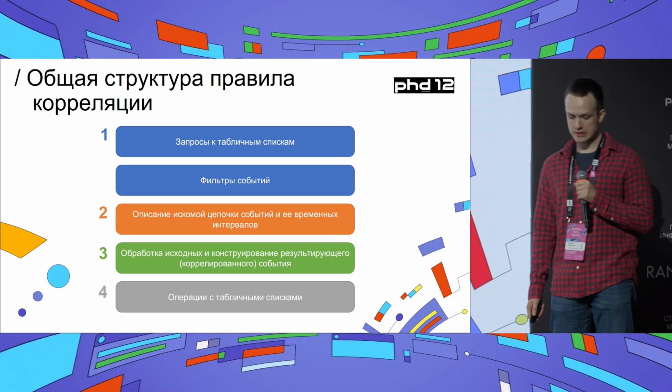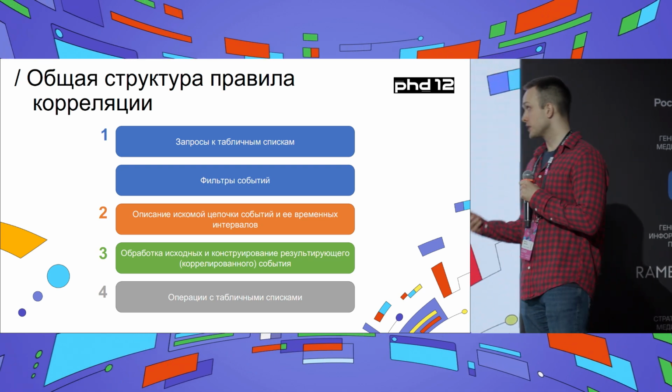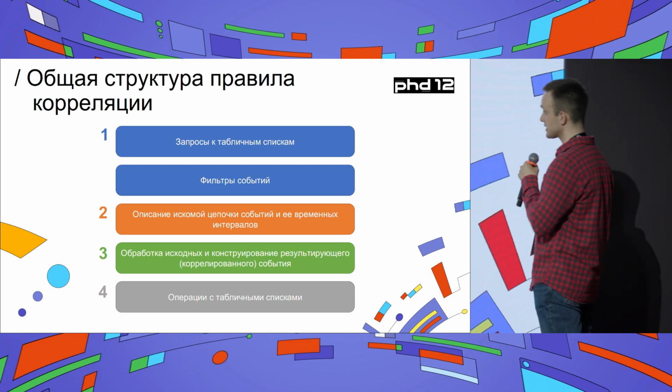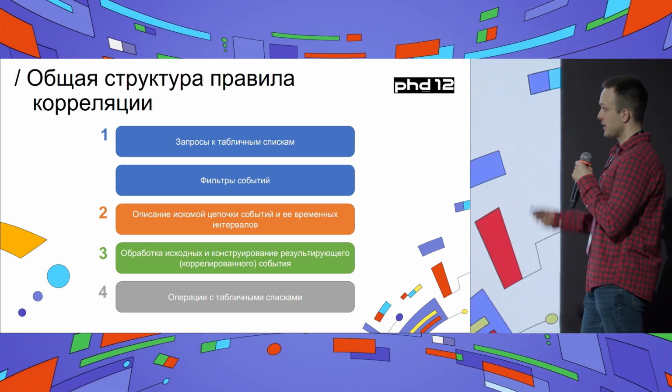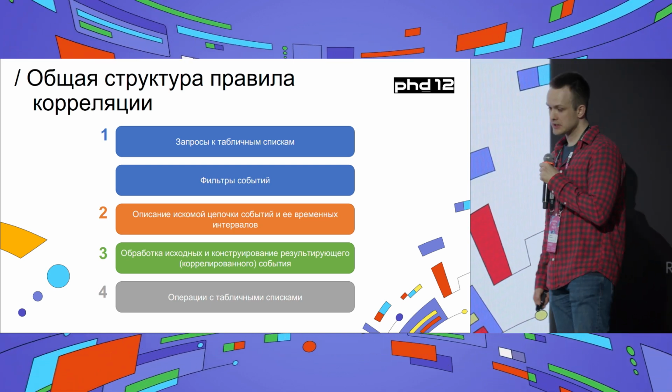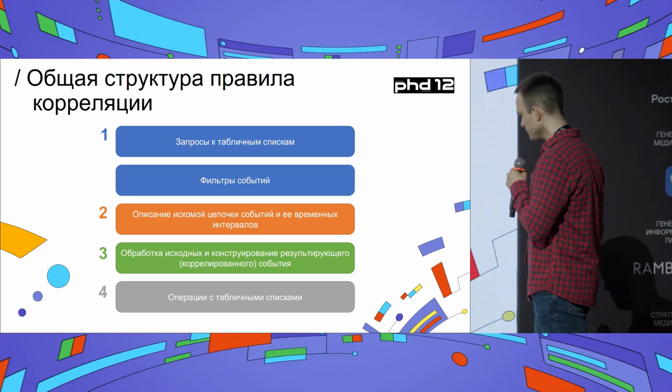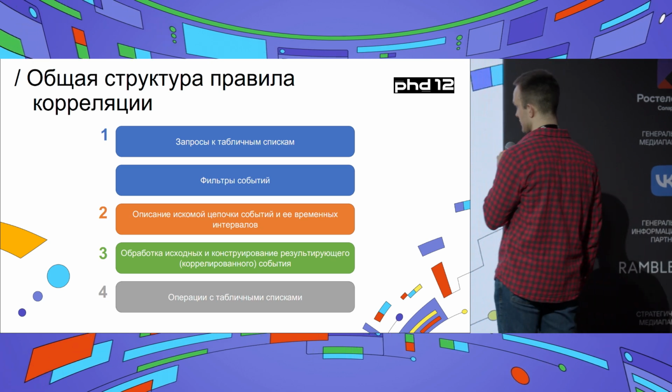This is a brief overview, in block structure, of what they consist of. First are queries to table-based lists and filters, the description of the target chain and the time intervals within which we expect to see that chain.